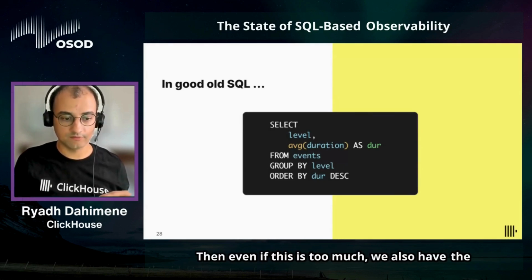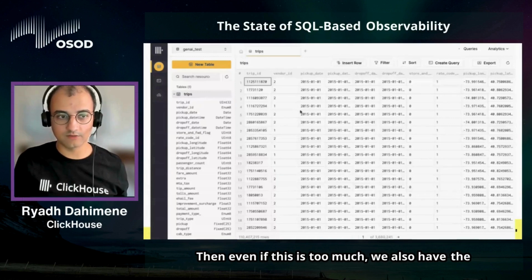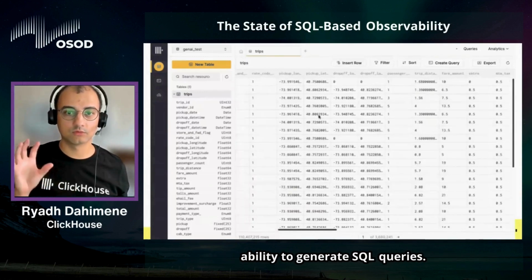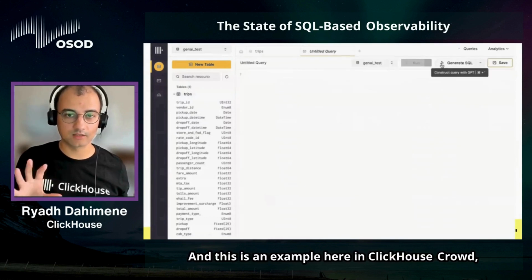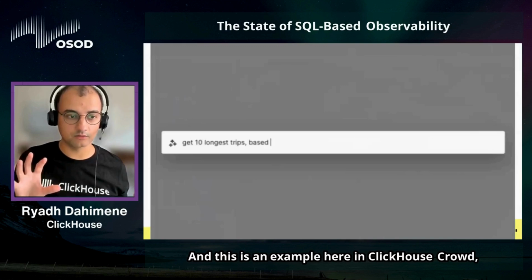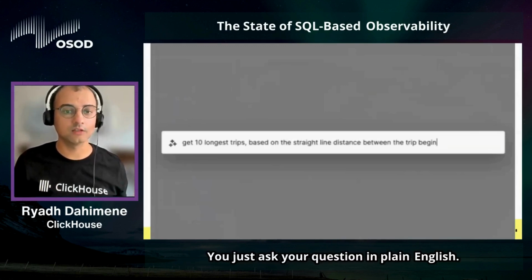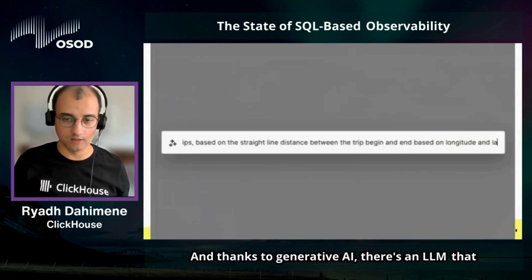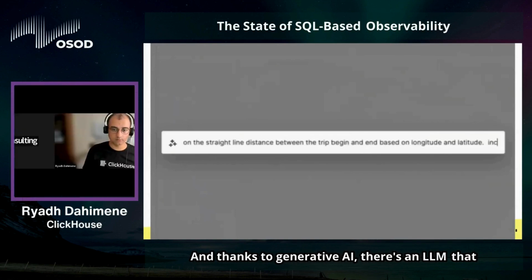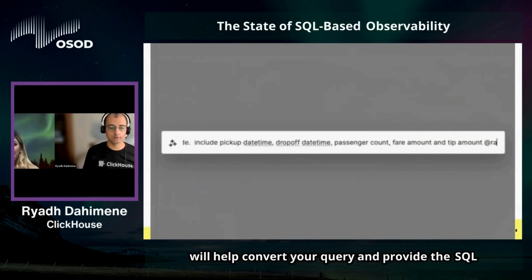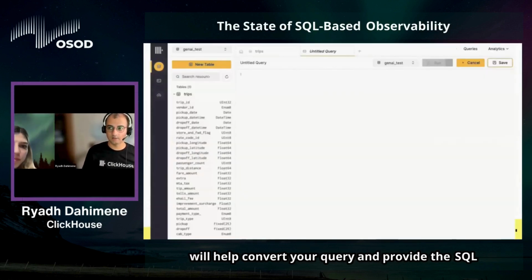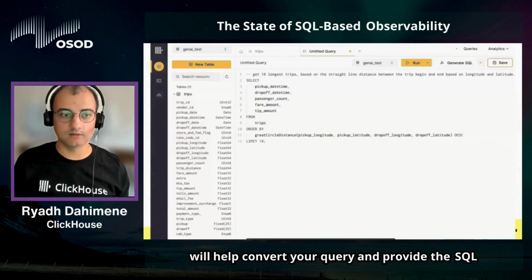Then, even if this is too much, we also have the ability to generate SQL queries. And this is an example here in ClickHouse Cloud, where you just ask your question in plain English. And thanks to generative AI, there's an LLM that will help convert your query and provide the SQL equivalent.